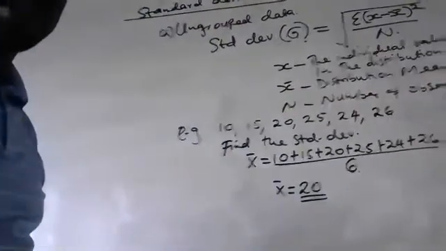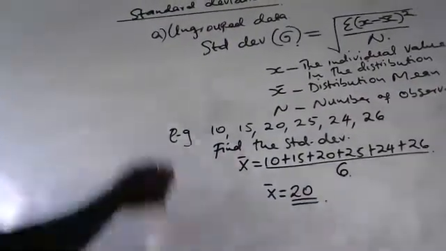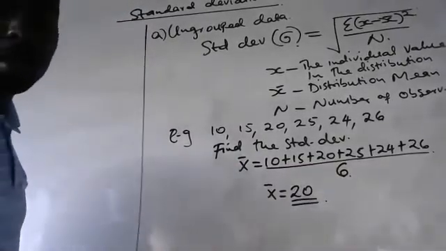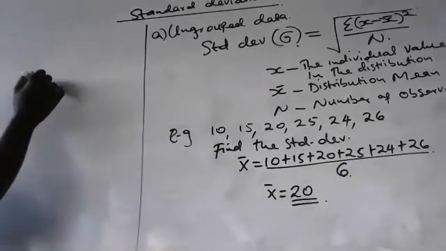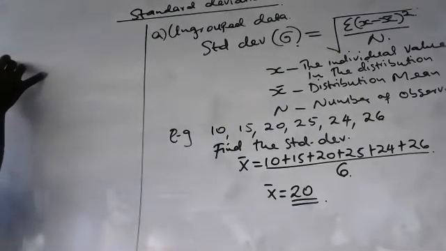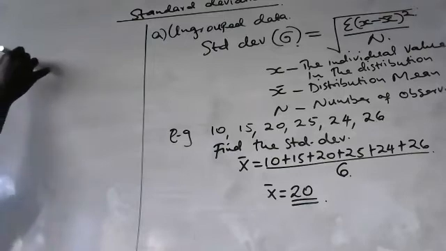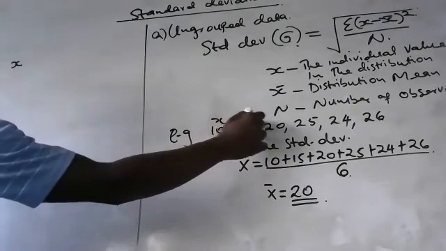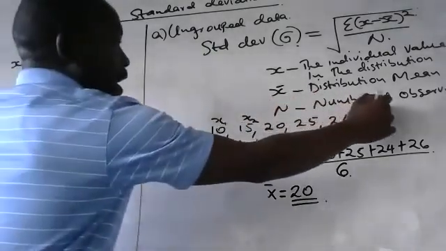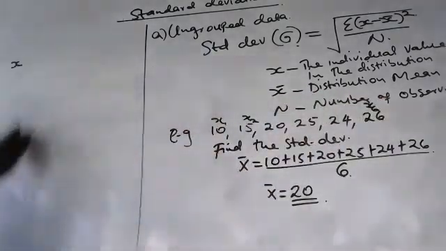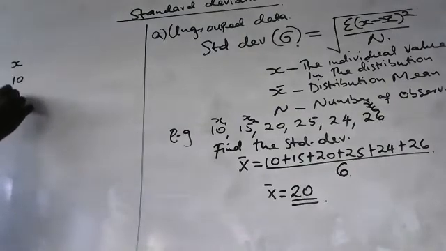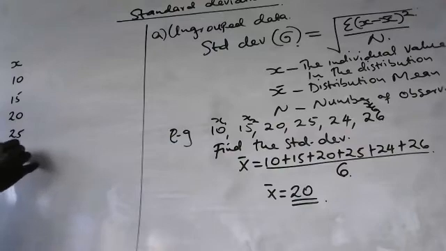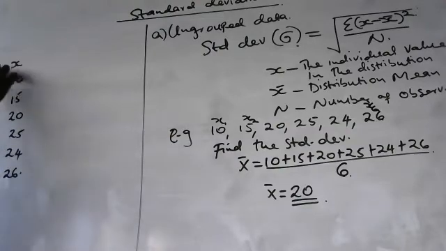So, having obtained your x bar, it is now your responsibility to come here and have x, which is actually the values. Remember, we said this is x1, x2, all the way up to x6. So you have them downwards: 10, 15, 20, 25, 24, 26.